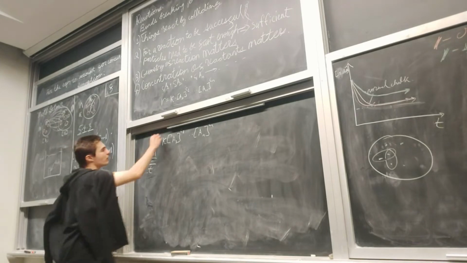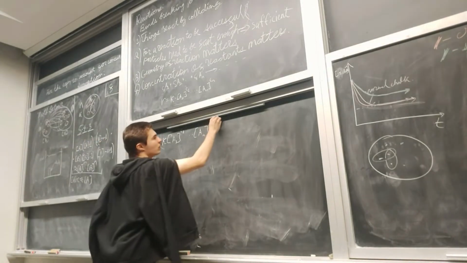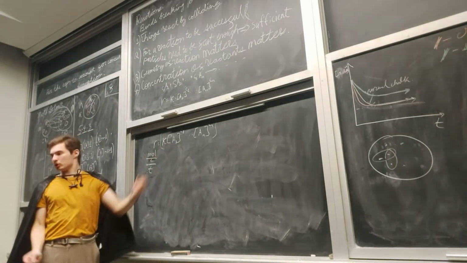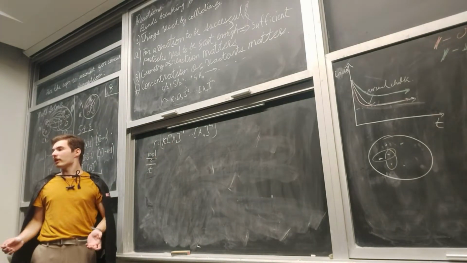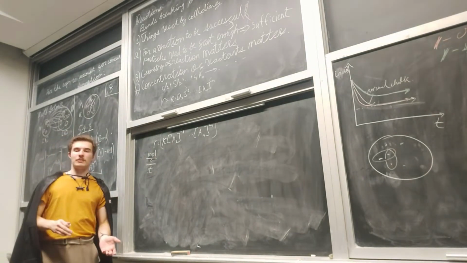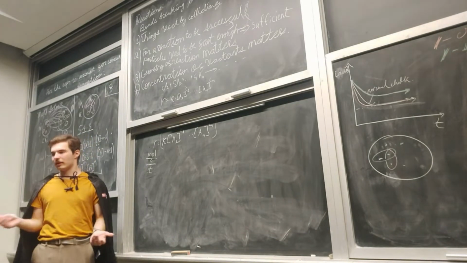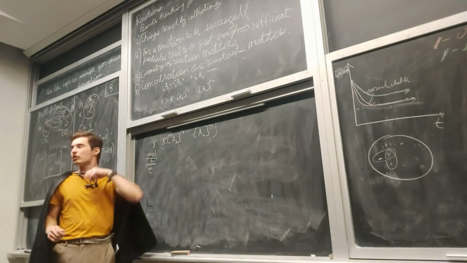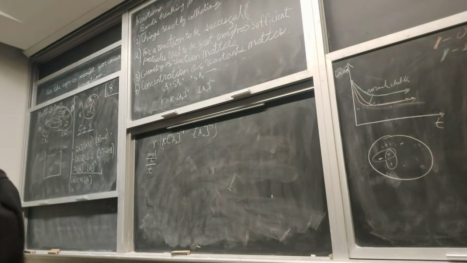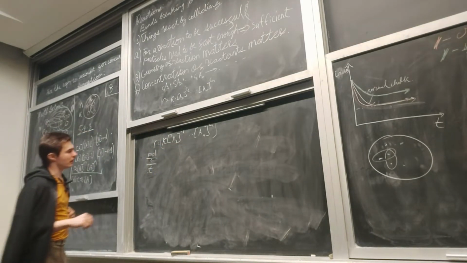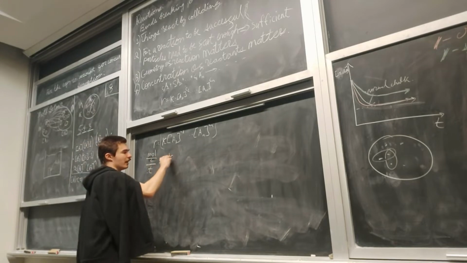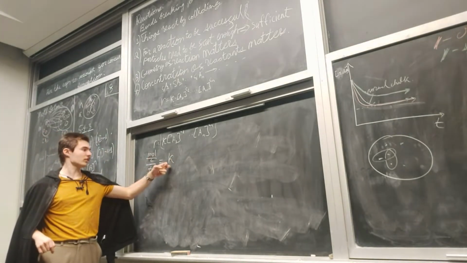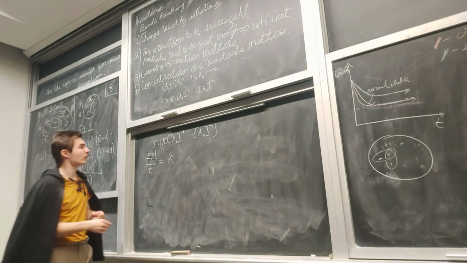Now let's look at this other side of the equation. We would expect that the units on the left-hand side of the equation and on the right-hand side should be the same units, right? Because you can't have kilograms equal to liters because that doesn't make sense. So you'd expect this to be moles per liter per time, and this also to be moles per liter per time. So we then get that this is equal to some units of K. In this case, when I'm writing K, I'm not talking about the constant itself, I'm talking about the units that K has.